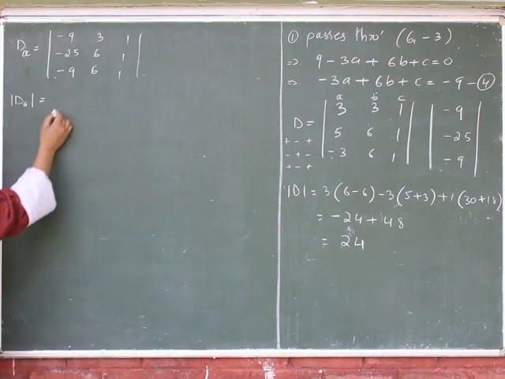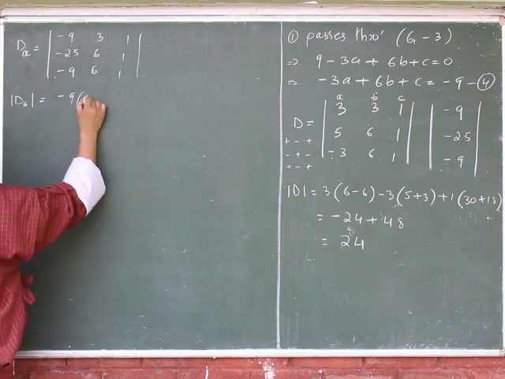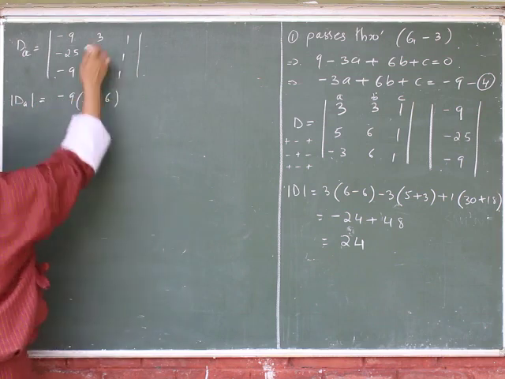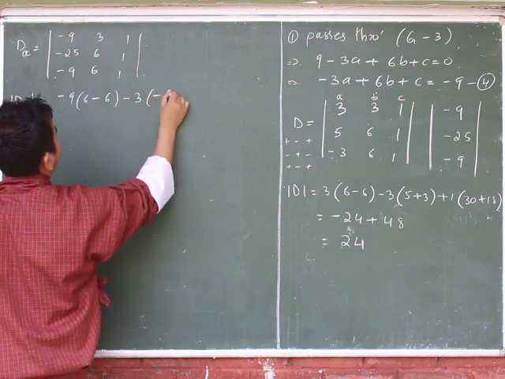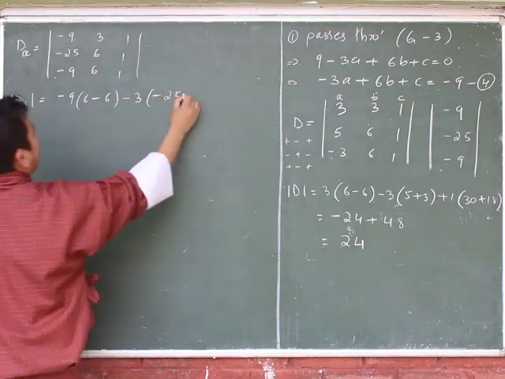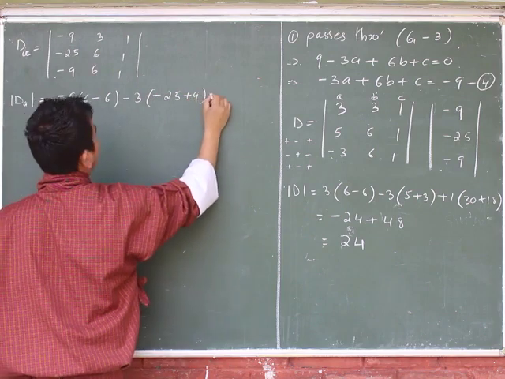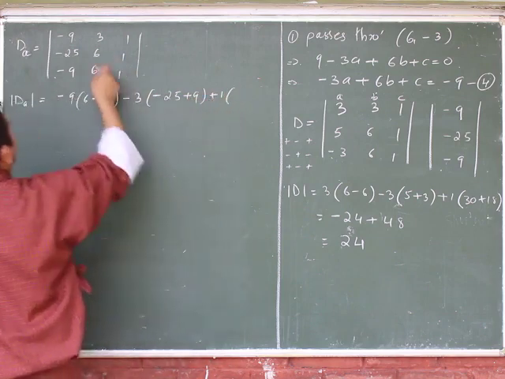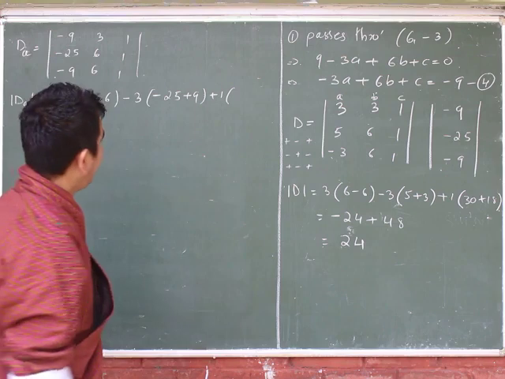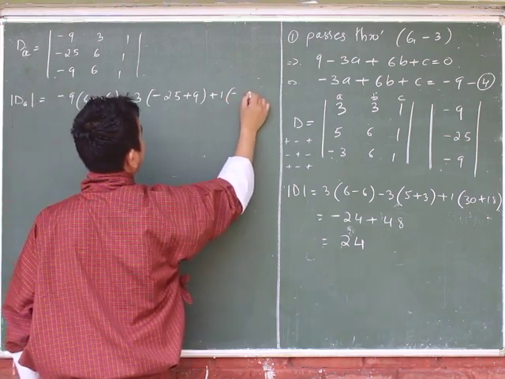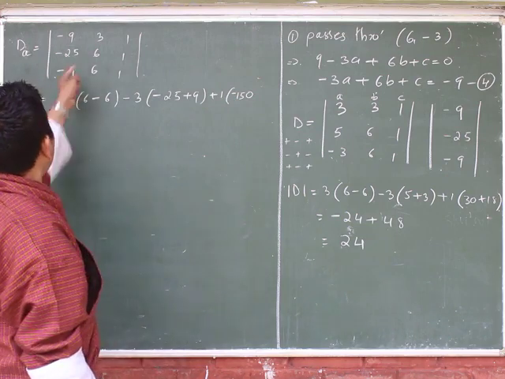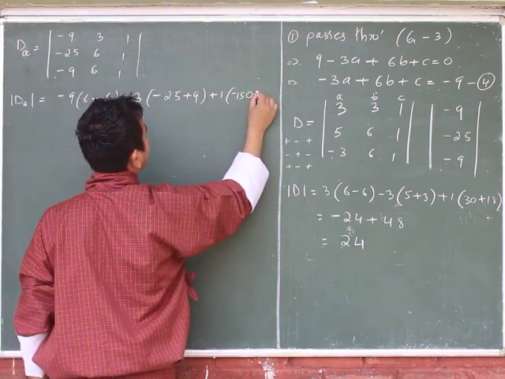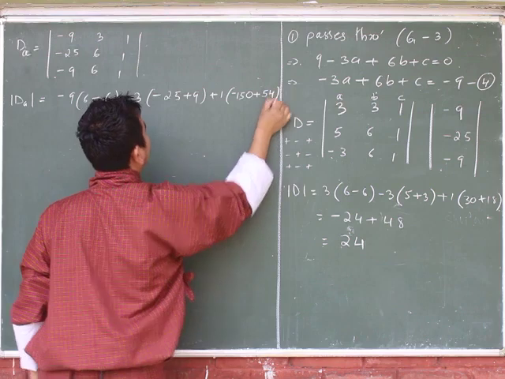Determinant of dA is negative 9 times (6 minus 6), then minus 3 times negative 25, then plus 1 times (6 times negative 25, negative 150), then this side is plus 54.